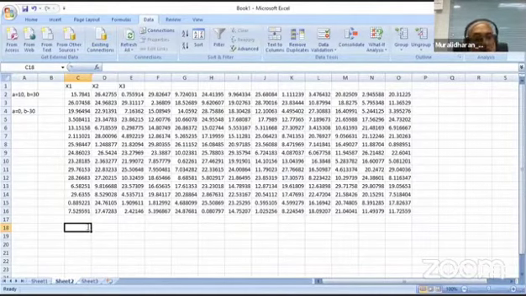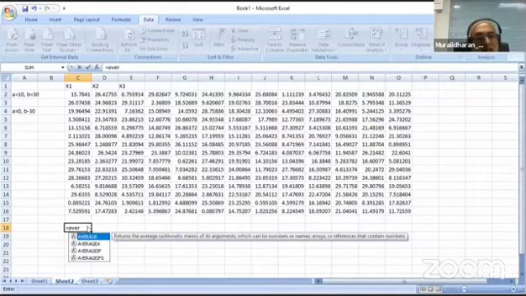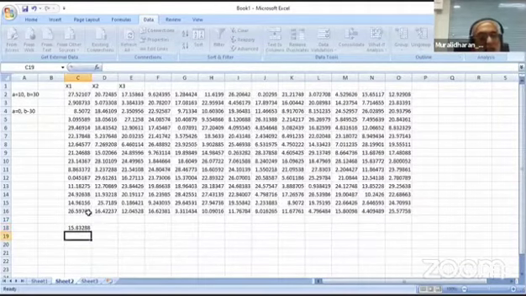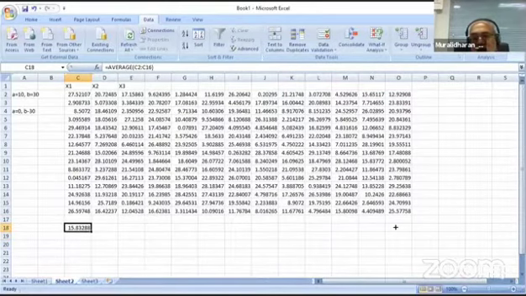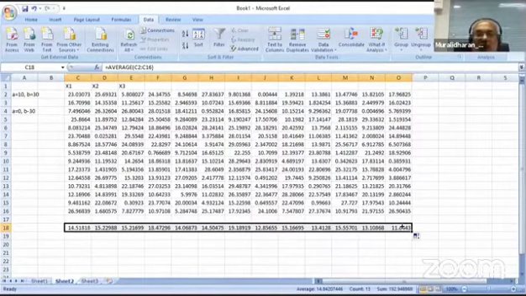So let us compute the mean of this. I'm just computing the average. So just mark this. This is the average of this particular variable, and I'm copying it to the others. So I found the average of all the random variables. So what is a random sample here?